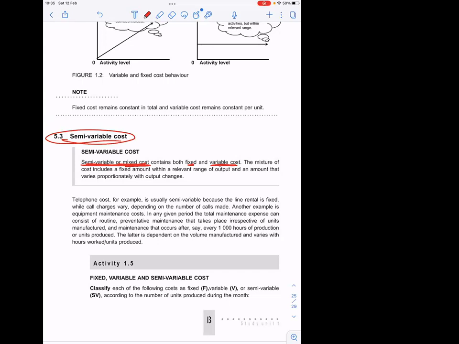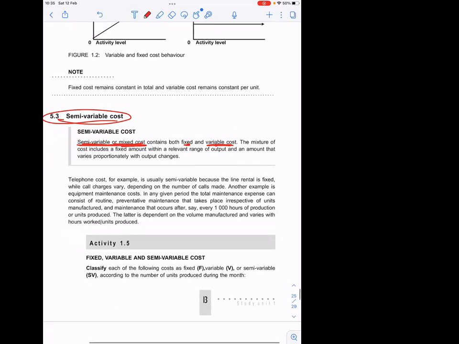The mixture of costs include a fixed amount within a relevant range of output and an amount that varies proportionally with output changes. Telephone cost, for example, is usually semi-variable because the line rental is fixed, while the call charges vary.